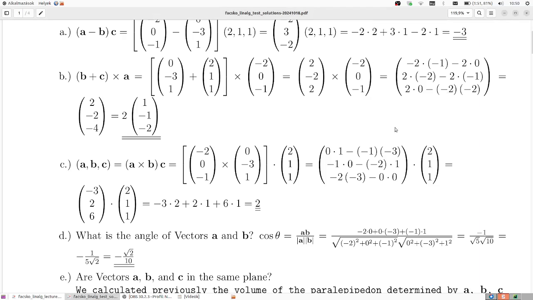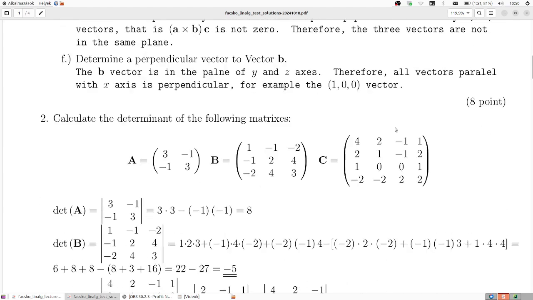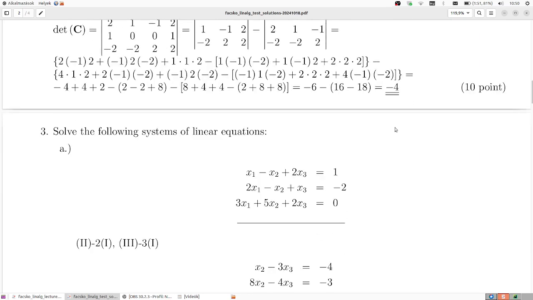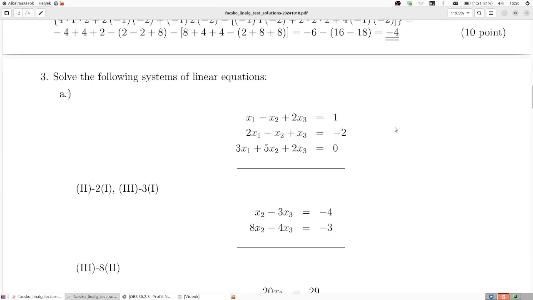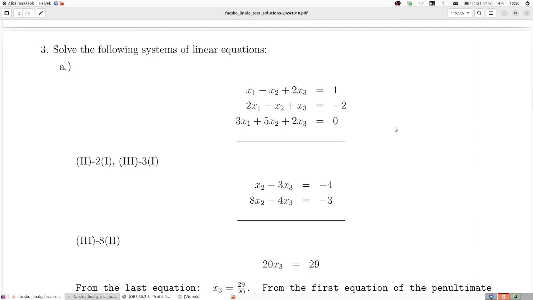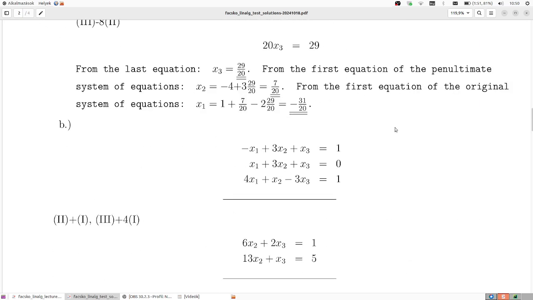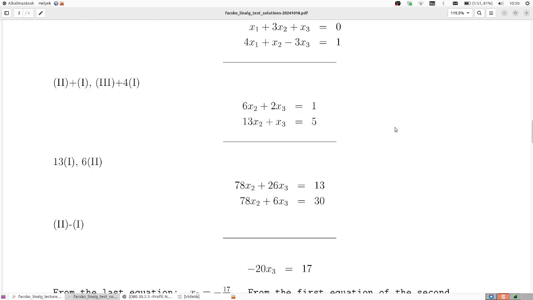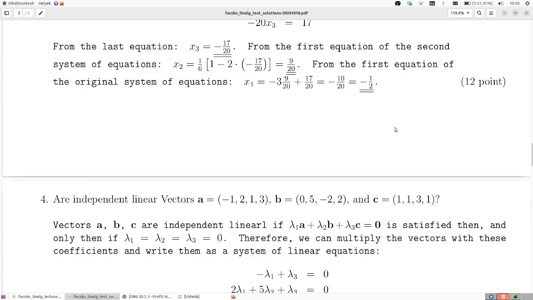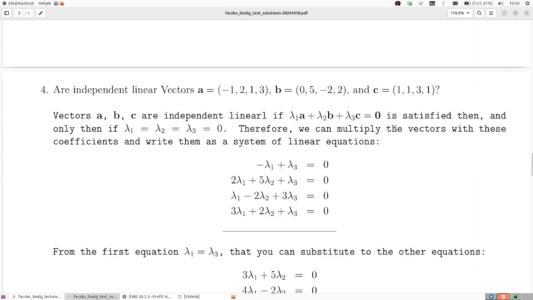Okay, I didn't tell you anything about the system of linear equations. It was very interesting that those who could not calculate properly the vectors and the determinants could fix these equations. That's great. Okay, very good. Sometimes there were some mistakes, but that's okay. The independent vectors part was also good.